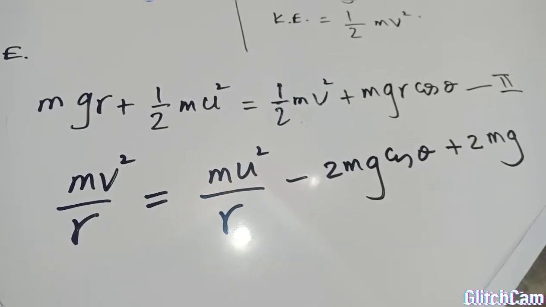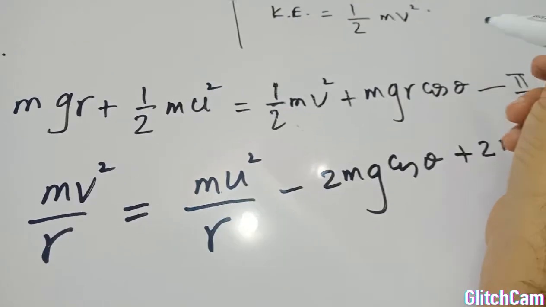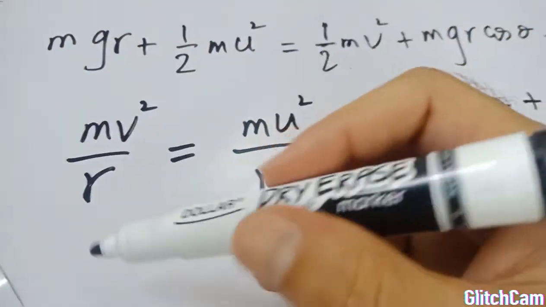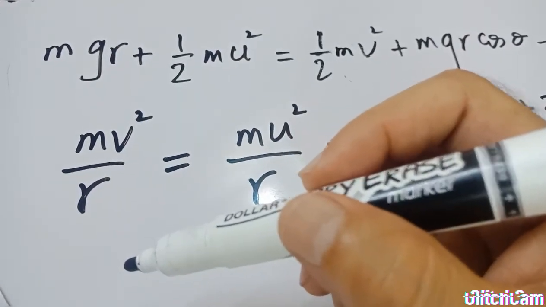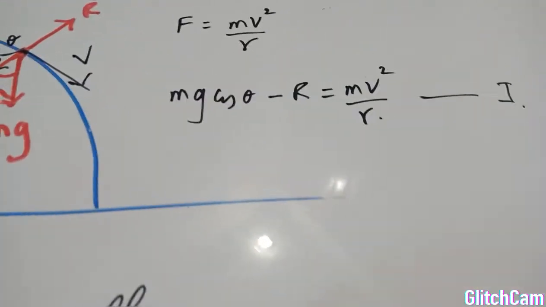By simplifying the second equation, I get the expression for mv square over r, and I'll substitute this into the relation over here.